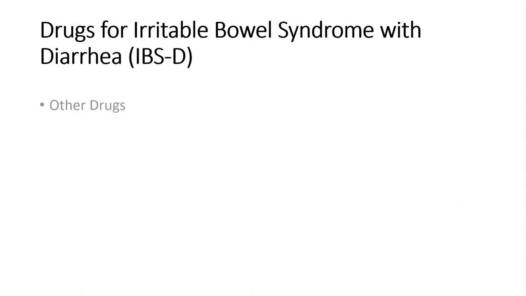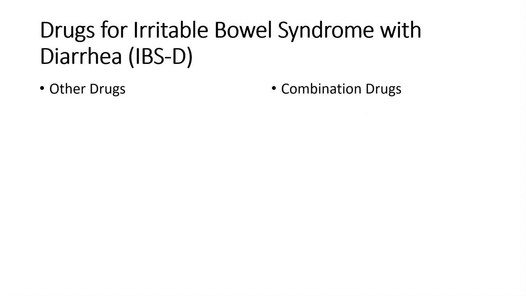And then we have what are considered to be other drugs, antidepressant drugs like amitriptyline or the anti-infective drug that we've already talked about. I don't know why your book duplicated that. But then we also have combination drugs. Combination drugs may have a combination of an antispasmodic with an anticholinergic, along with an anti-anxiety drug or a barbiturate, a sedative.